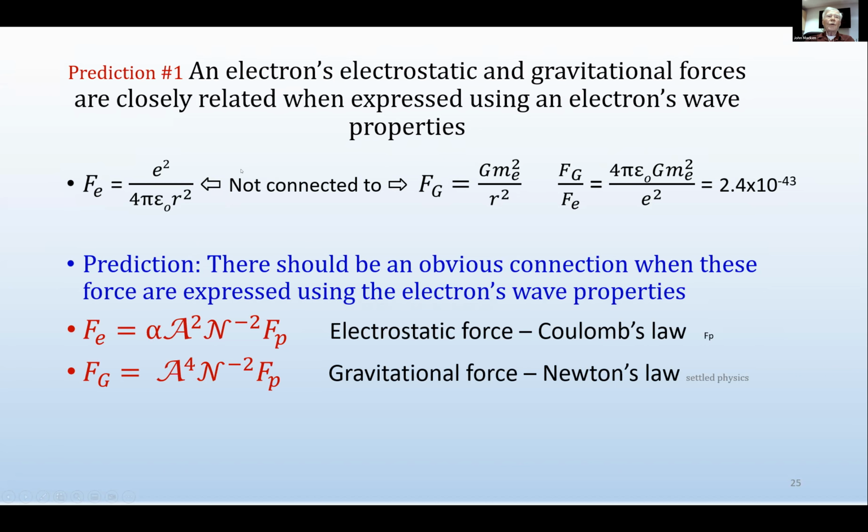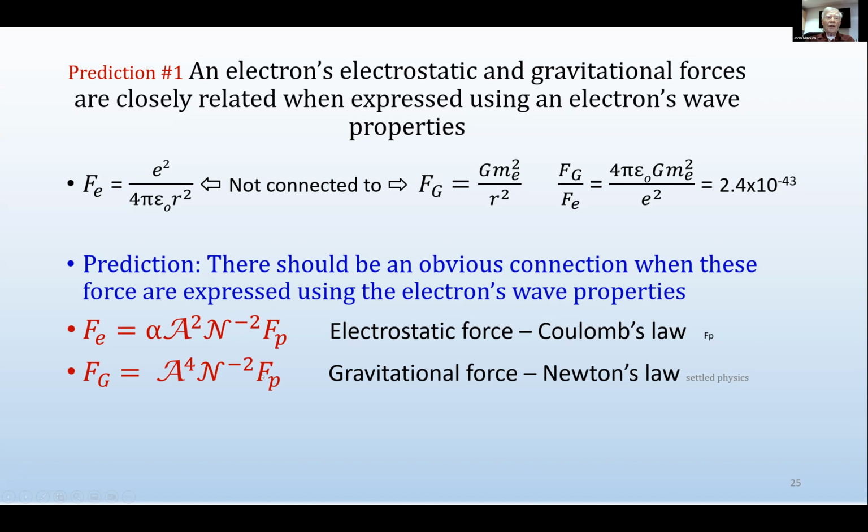So when I convert this equation into using amplitude, the number of wavelengths, and Planck force, which is c to the 4th over G, multiplied by alpha, it turns out that this is the conversion to my terms of the Coulomb law.